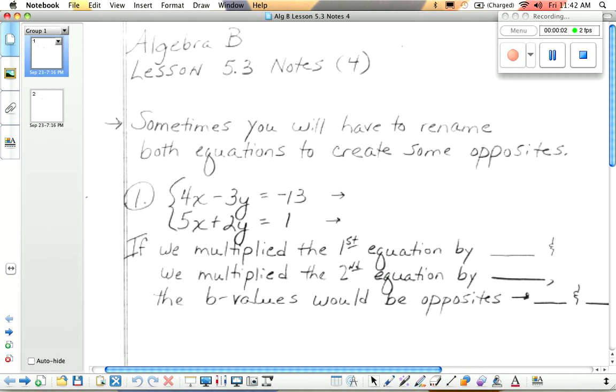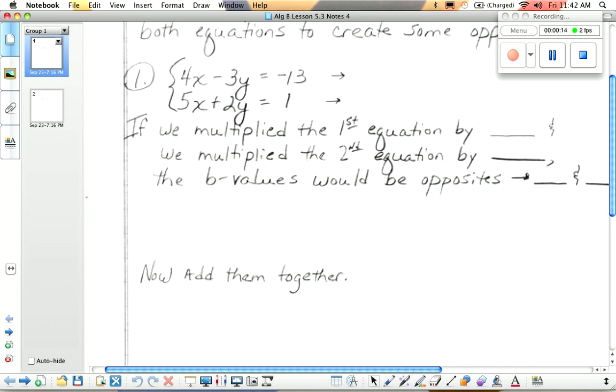Moving on to our last thing in lesson 5.3, we are sometimes going to have to rename both equations to create some opposites. You're going to look at the equations and say, I don't have opposite x's or opposite y's. Even if I tried to multiply one of them by something to create opposite x's, it wouldn't be a very nice something.